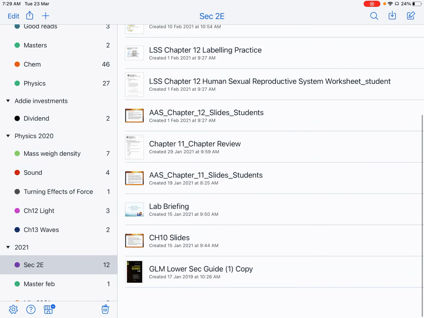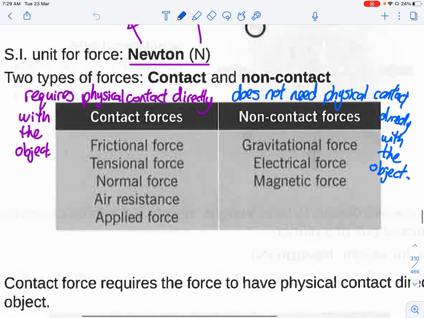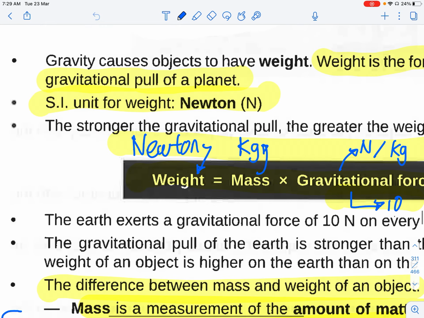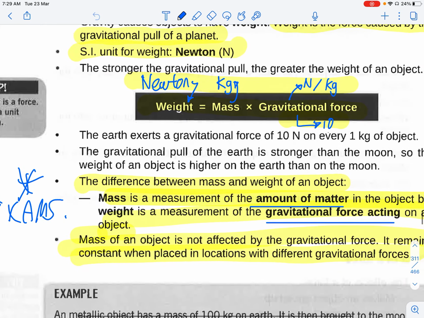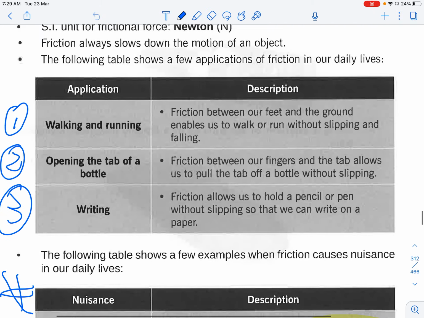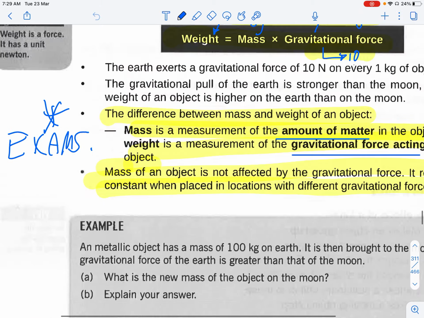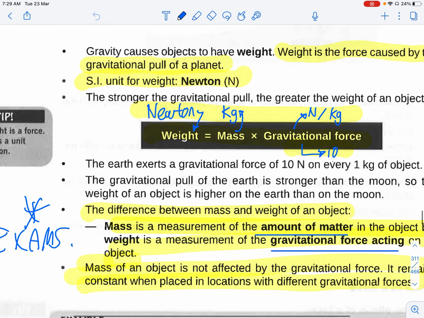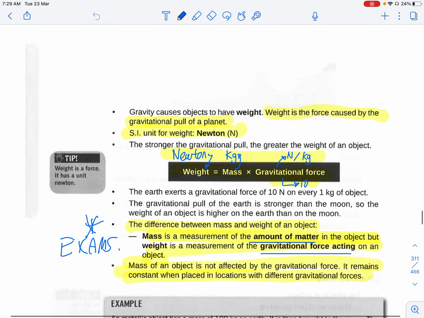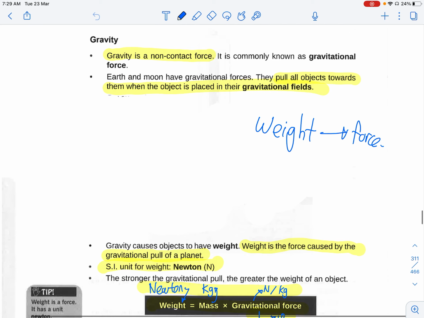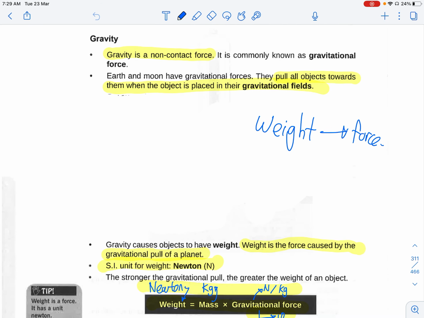If we take a look at the table of differences, this is what we will need to take note of.